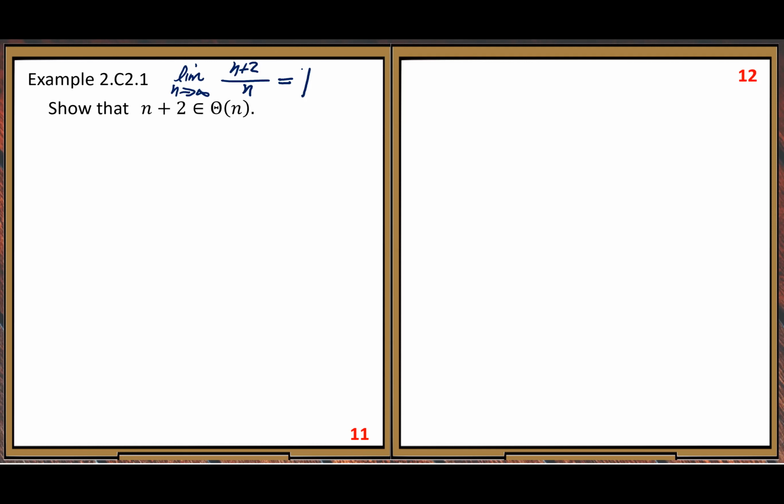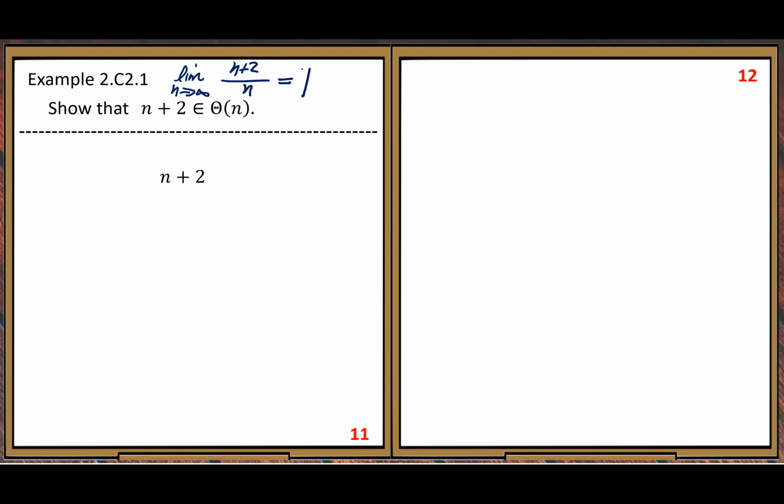Here, I just want to show you the inequality way. Upper bound, lower bound. You need to find C1, C2, upper bound, lower bound. So let's start. We want to estimate the n plus 2 function.